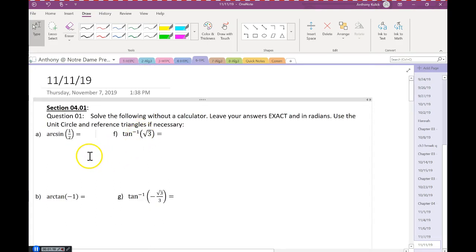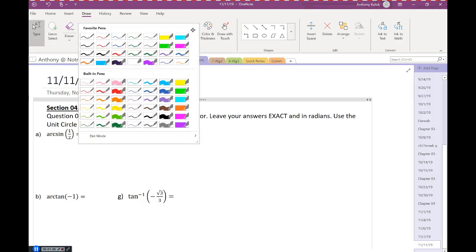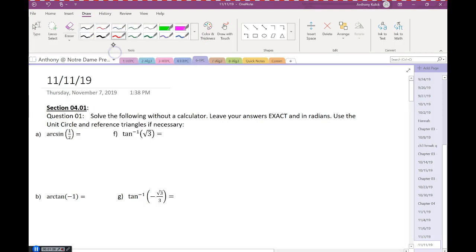1A. Okay. So for this section, the key thing to remember is the range for each of these functions. For sine inverse, the range is negative pi over 2 to positive pi over 2.